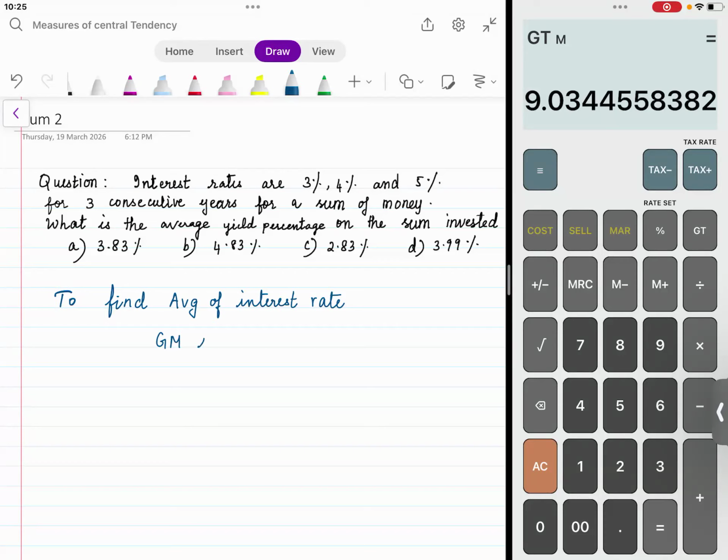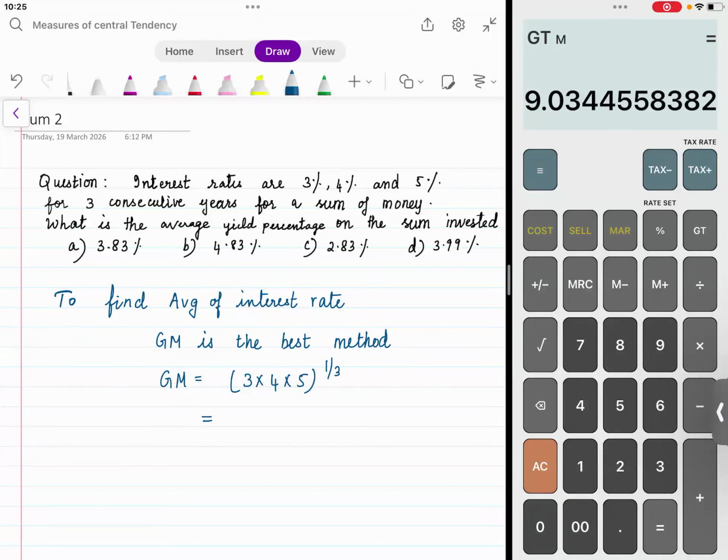So how to calculate geometric mean of 3, 4 and 5? We have to multiply the three numbers and do power 1 by 3 because there are three numbers.